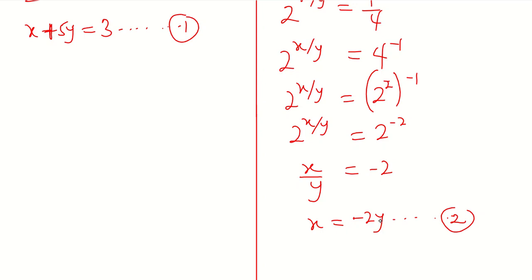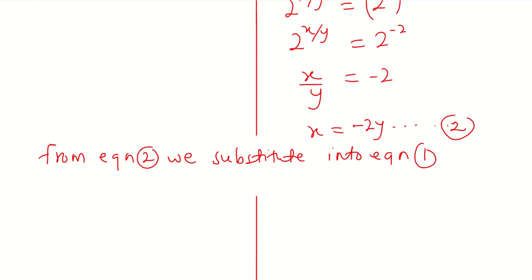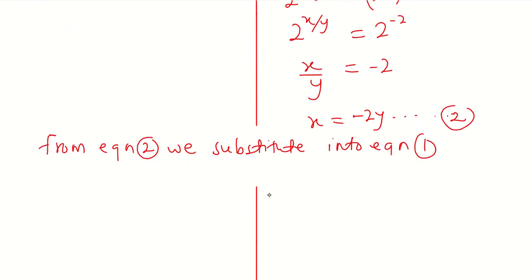Now, solving this simultaneously, we can substitute x equals minus 2y into equation 1, which means from equation 2 we substitute into equation 1. So having written this, then our solution continues.